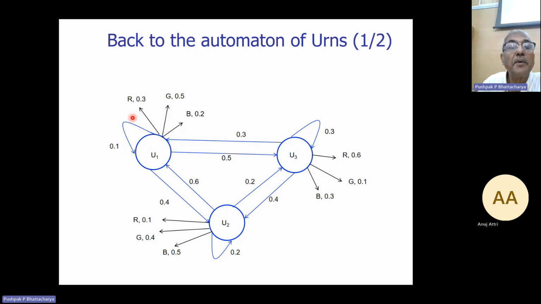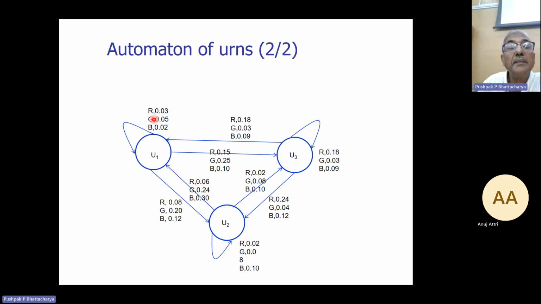So this becomes 0.03. Here it is: R comma 0.03. What is this probability? 0.03 is the probability of picking up a red ball from U1 and also remaining in U1 in the next state. So this is the product.